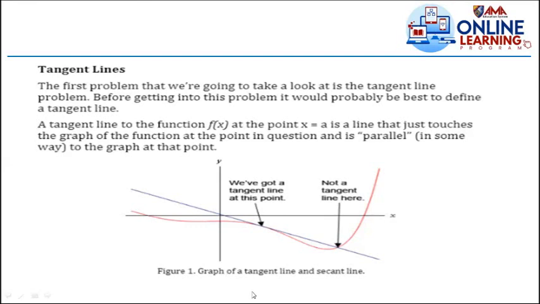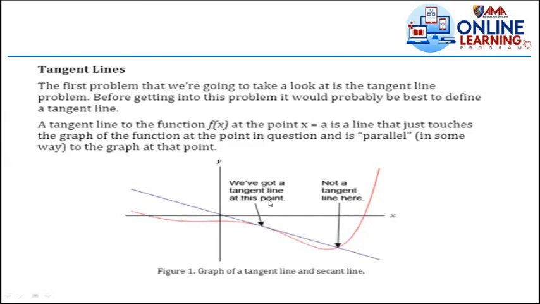So we have Figure 1, which is the graph of the tangent line and the secant line. So this is our slope and this is our graph, which is a function of x. If this is your point 1, your point 1 here is the point of tangency. So it says we got a tangent line. Okay?